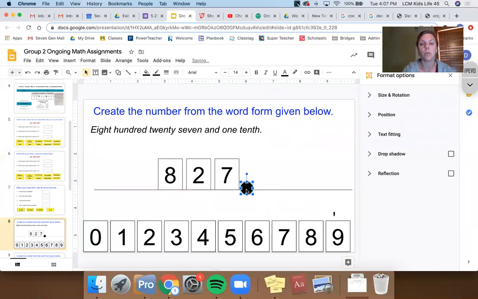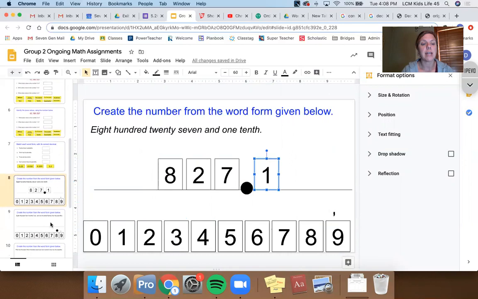So I would want 0.1. That represents 1/10. So that would be 827 and 1/10. So you're just clicking and dragging that. The comma's there if you need it. I did not need it for this particular example. And that is how you would form the answer to that.